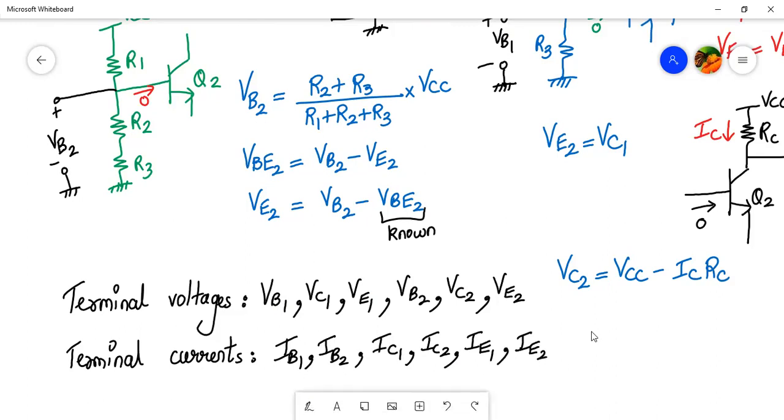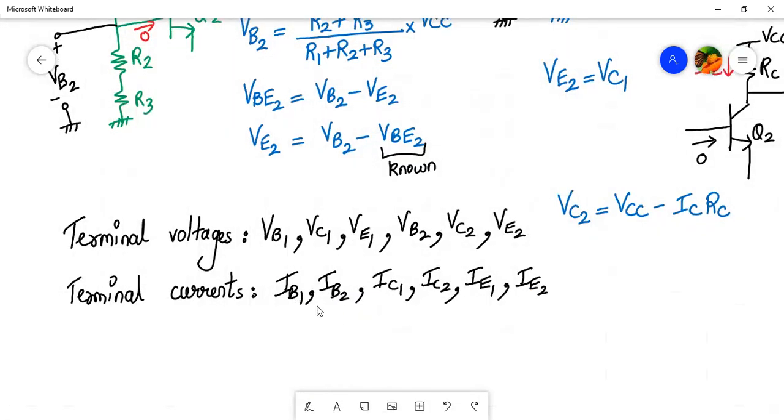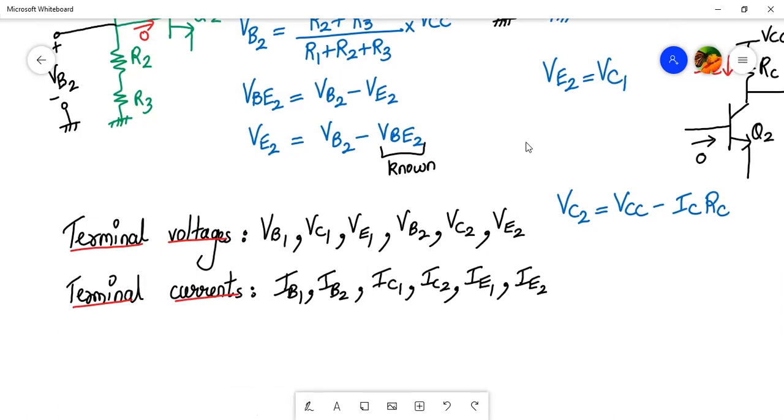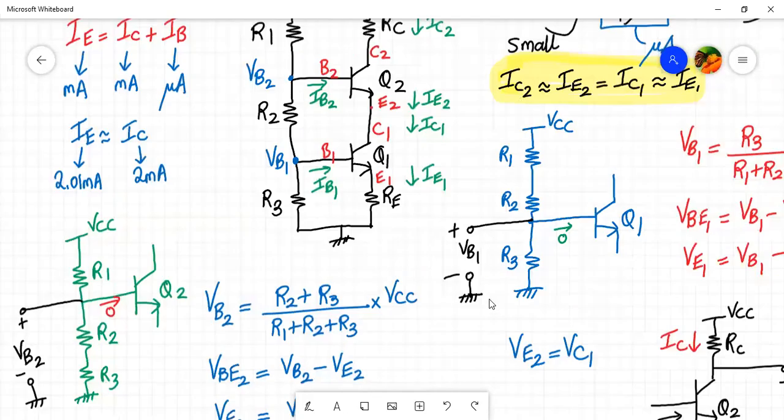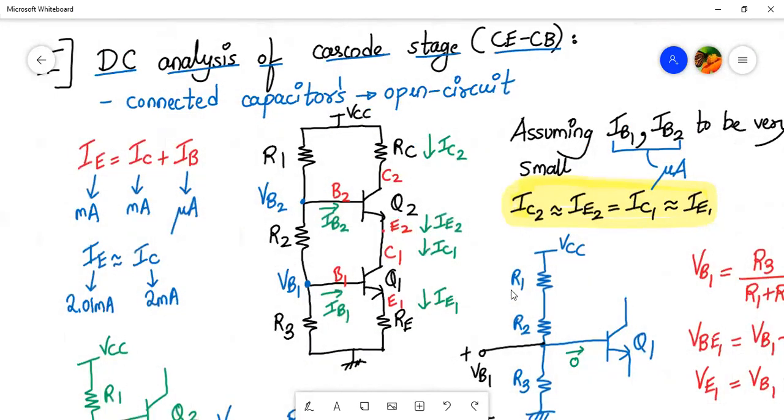Finding terminal currents is very simple: base currents are almost 0 and the rest are all the same. But for terminal voltages, you have to use different expressions for each. So these are the terminal voltages and terminal currents for the cascode amplifier under DC analysis.